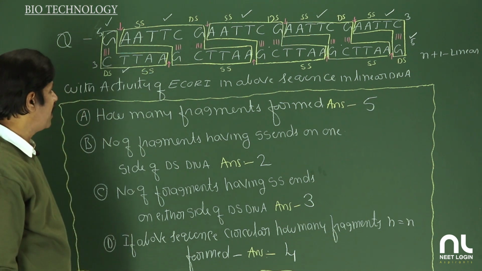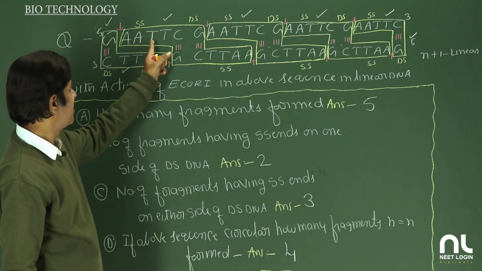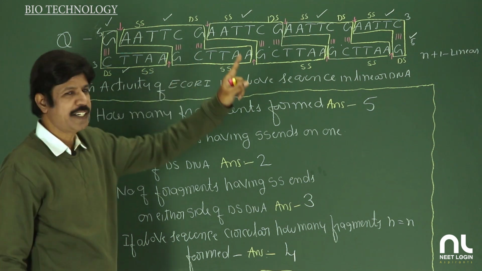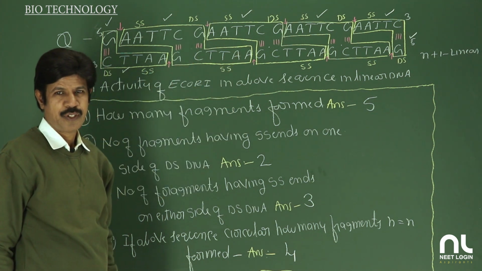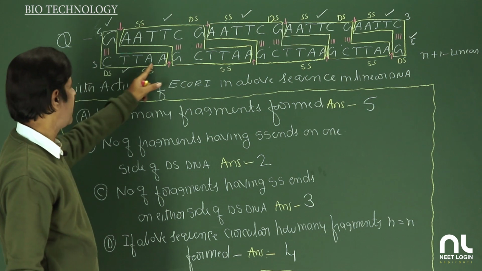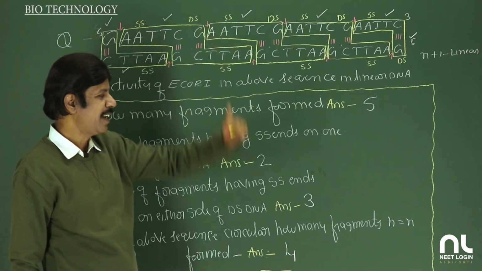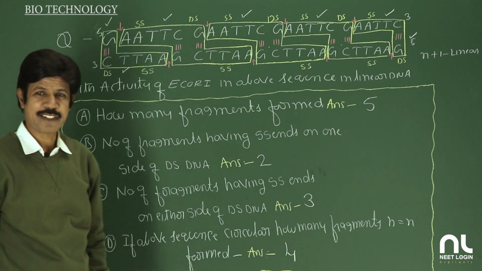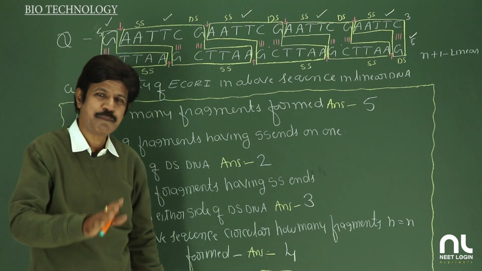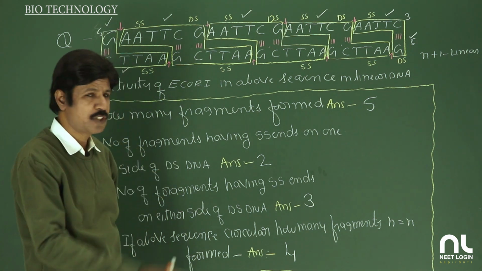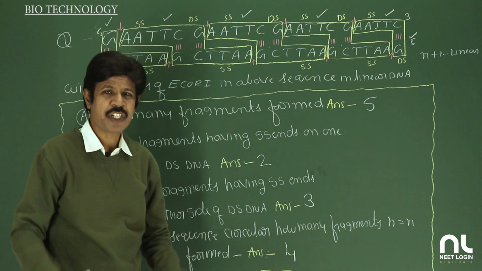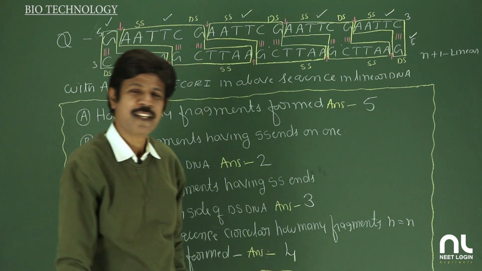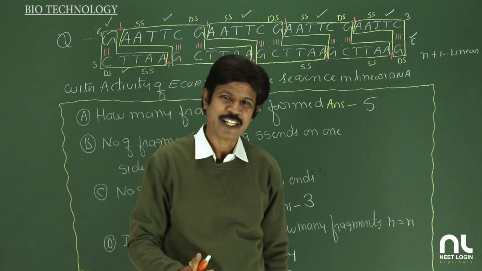All these 4 fragments are like this only, single strand on either side of double strand. No fragment is going to be different. Every fragment is going to be like this in case of this sequence. And this is very important from the sequence point of view. So keep watching our video lessons for further questions. Thank you very much.